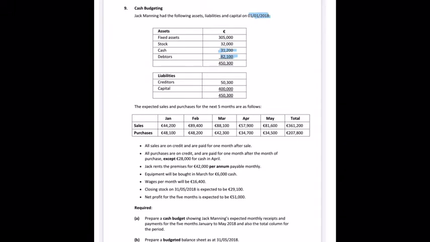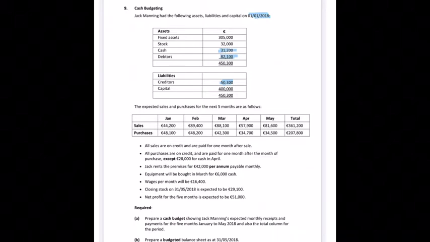So that 82,100 will go into January's sales. There are two things now that will have to go into our budget. In liabilities, we have creditors of €50,300 and we also have capital of 400,000. So the creditors, €50,300, similar to the debtors, is going to go into our January column for purchases.